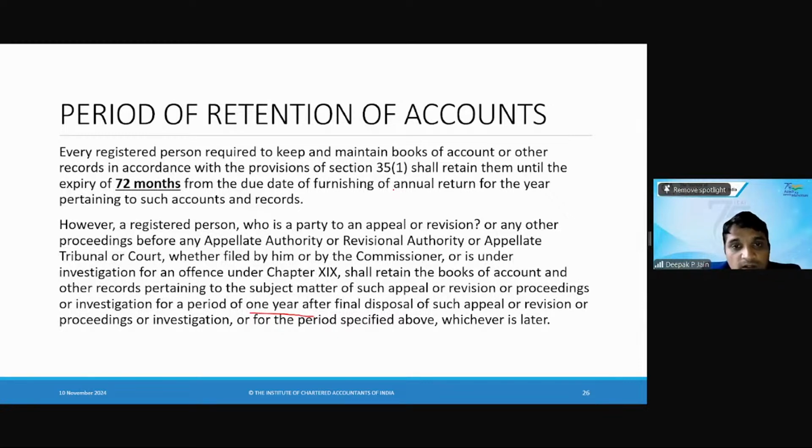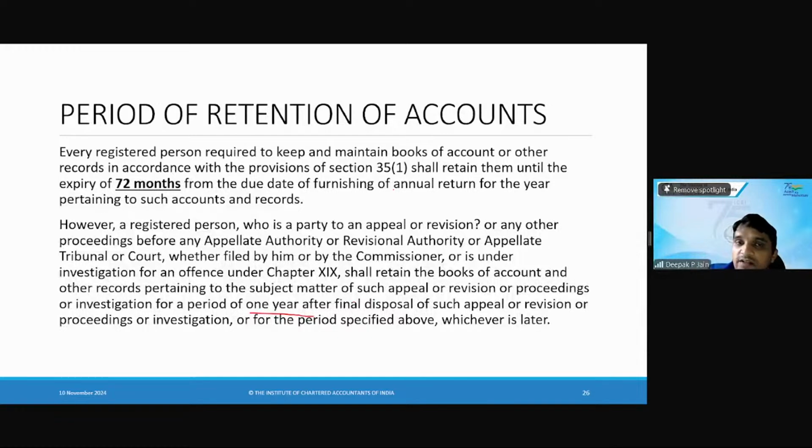Okay, thank you. We have completed this chapter, but I have certain MCQs to refresh all of this. 1 year not from the end of the financial year, 1 year from the date of final disposal. So if courts will not dispose on any particular day, they will dispose at any point later also.